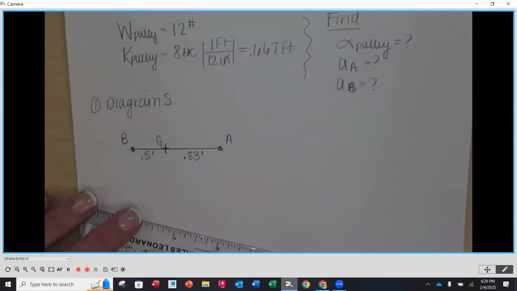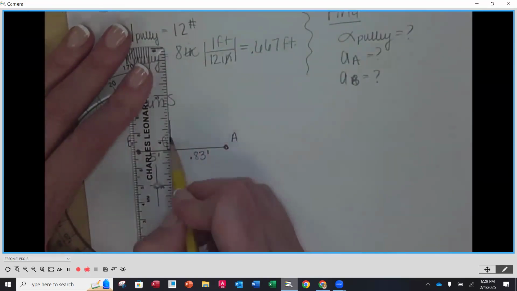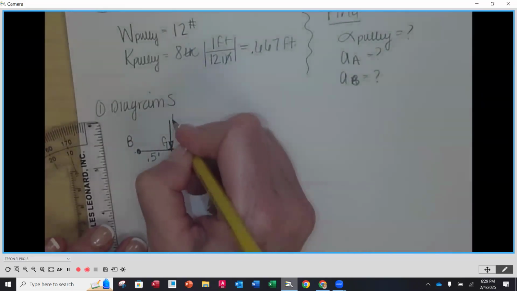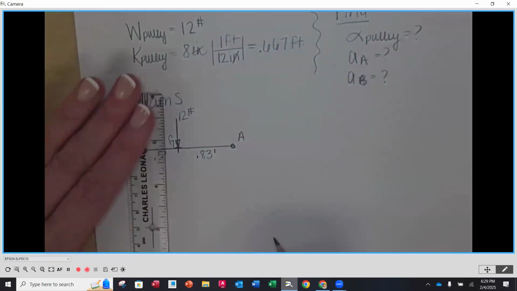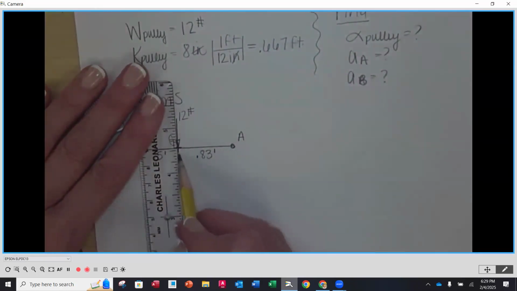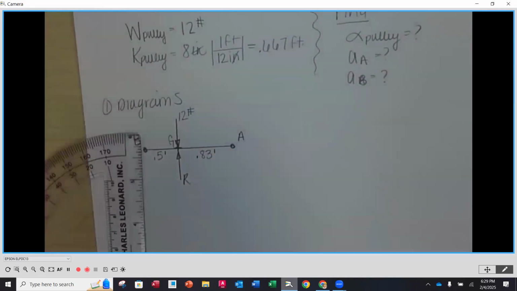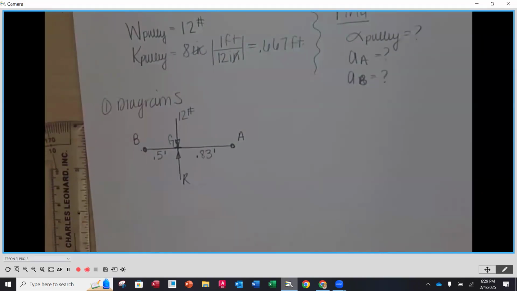Now, forces. We do know the weight of our pulley, at the center of gravity we can concentrate that 12 pounds, coming straight down. And as a reaction, we would have R going straight up, because that's where the support for that whole pulley is.